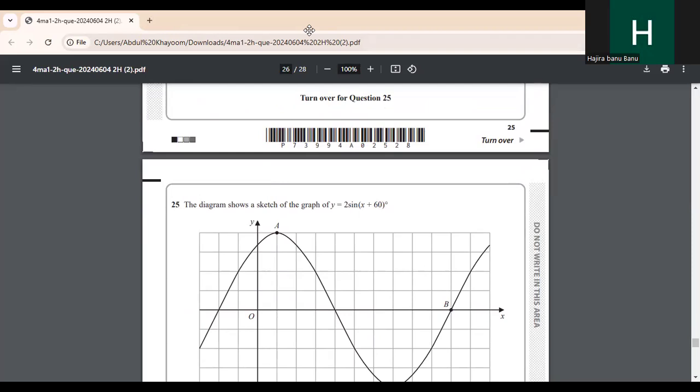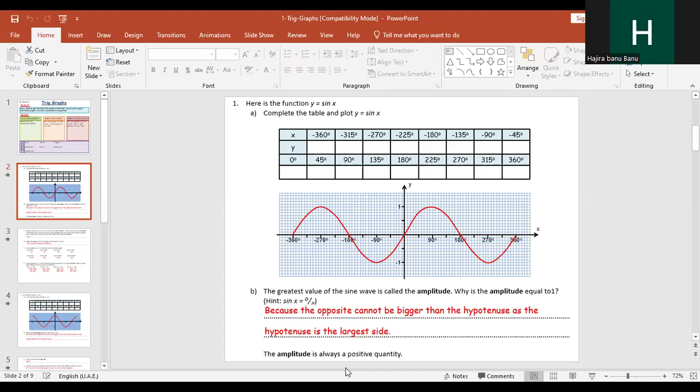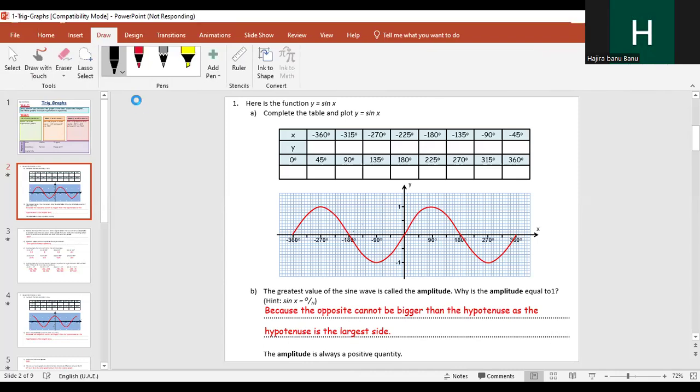But before this, let us first see the original graph of sine. If you see this screen, this is the original graph of sine, only sine x.